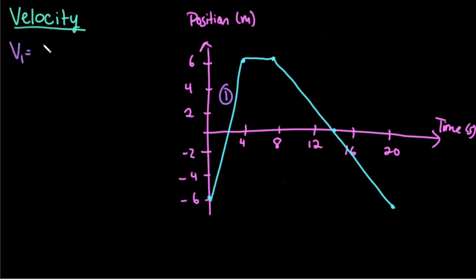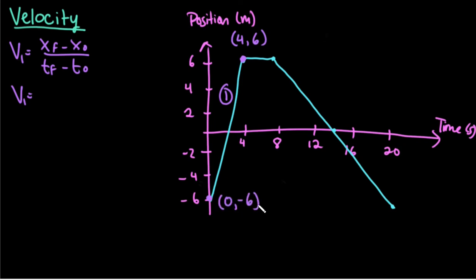So v1 is equal to our xf minus x naught over tf minus t naught. So let's take a look at our points. This is my end point, so I have 4 and 6 right here. And this here is my starting point, so that would be 0 and negative 6. So my final position is 6, and then I'm subtracting my initial position, which is negative 6.